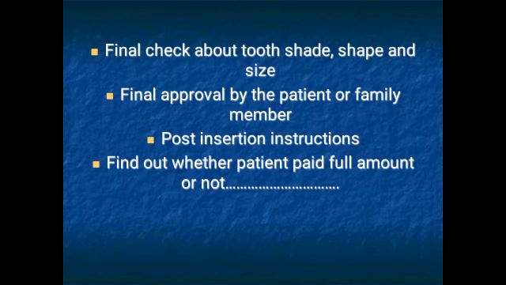Final check: tooth shade, shape and size. Finally approved by the patient or family members. Post insertion instructions should be given. After that, to find out whether the patient paid the full amount or not.